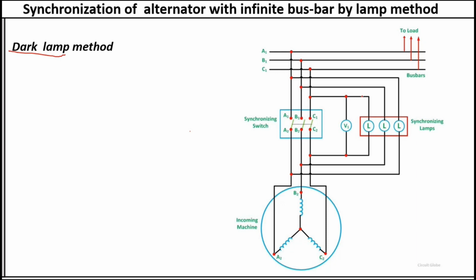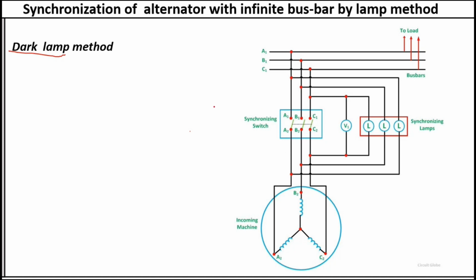Because all the lamps are connected in the same phases. And if the three conditions match, it will show the proper condition to do the parallel operation or synchronization of this alternator with the busbar.